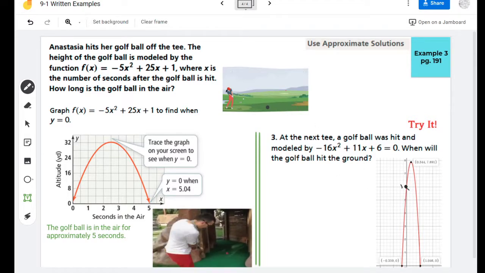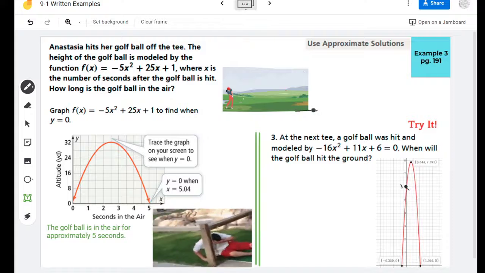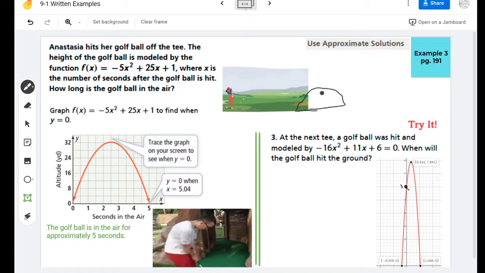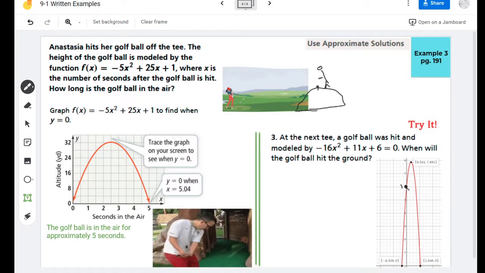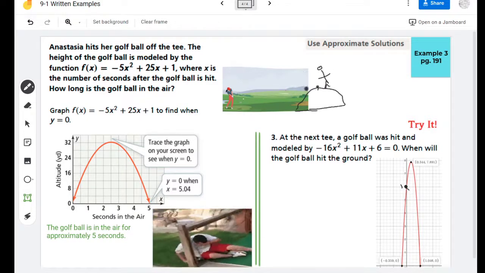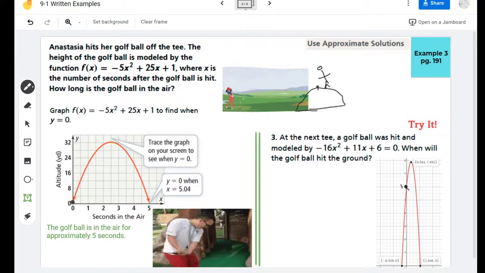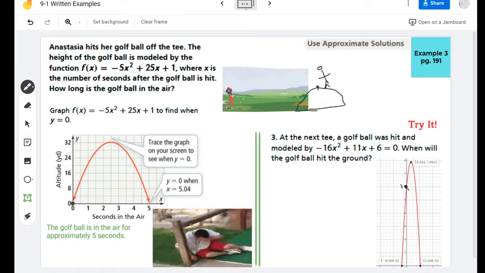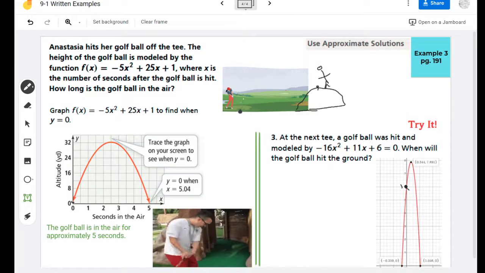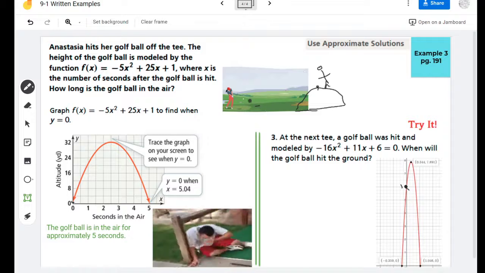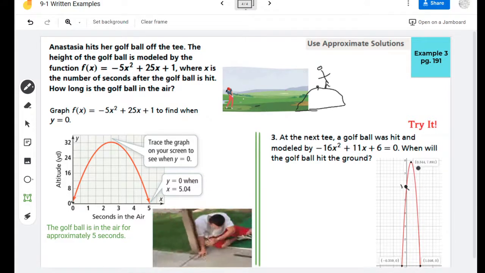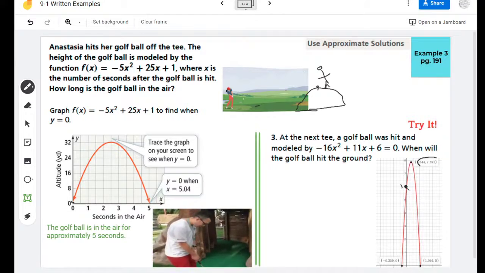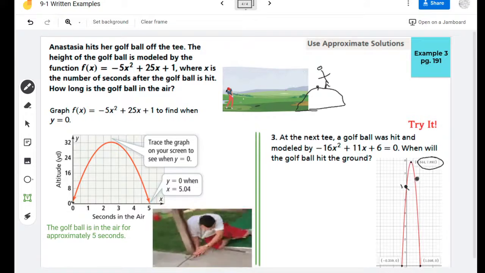So if this is like the golf thing, he was probably chilling on a hill like this. And he hits the golf ball off the hill like that. Okay, because hers, when Anastasia does it, her y-intercept is at 1, so she's not quite so flat as this. But anyway, you could also see the maximum height if you click on the vertex.